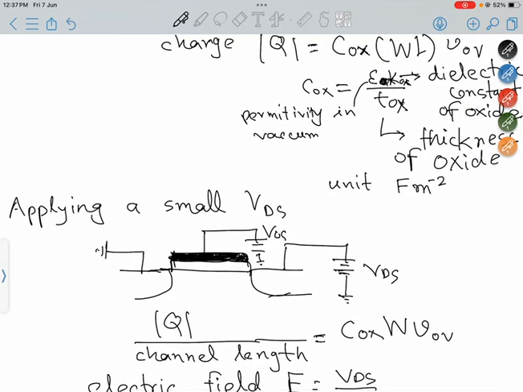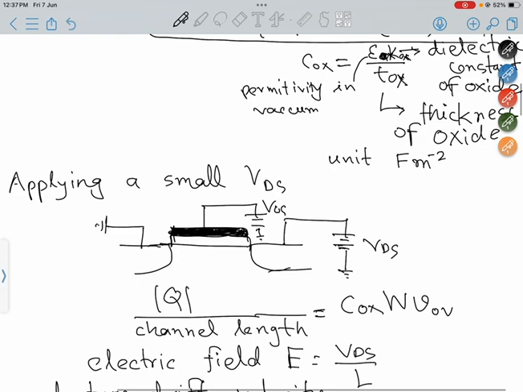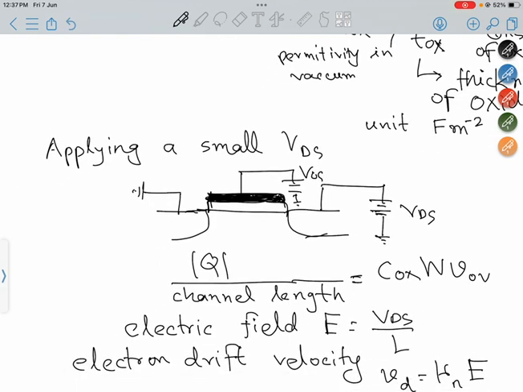This is equivalent to the equation mentioned earlier, but here we are assuming the channel is not fully operational between source and drain. Now again, electric field E equals VDS by L, where L is the distance between source and drain.